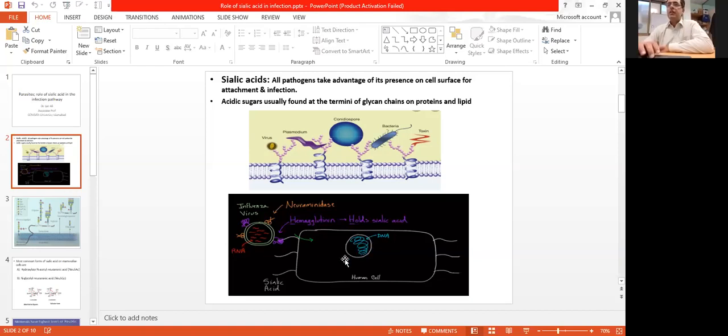It would take over the human cell, and then it would make copies of itself, and lots of different types of influenza variants would be generated there.